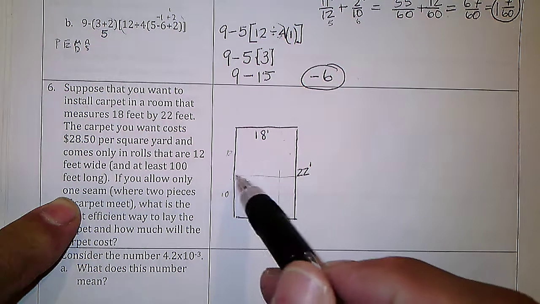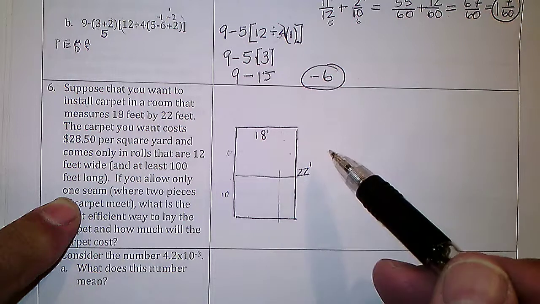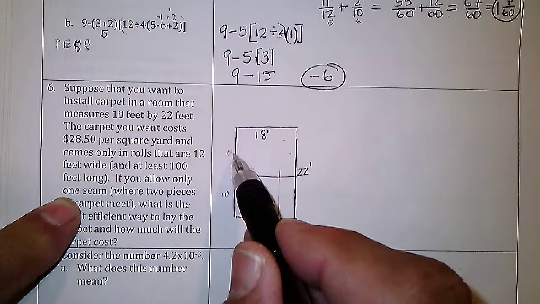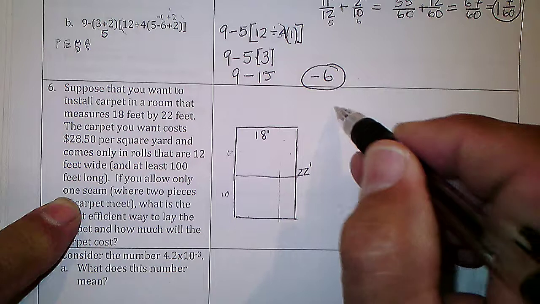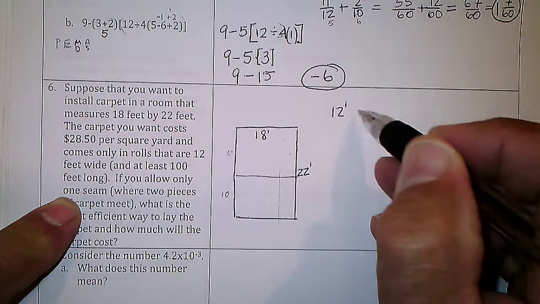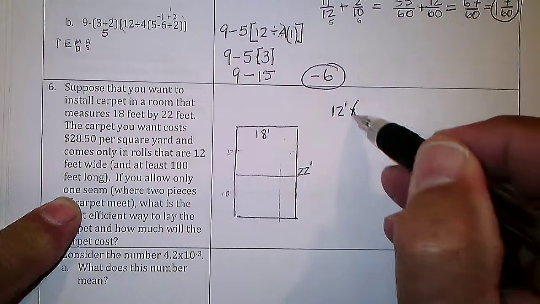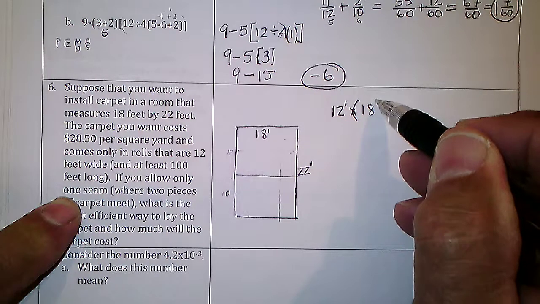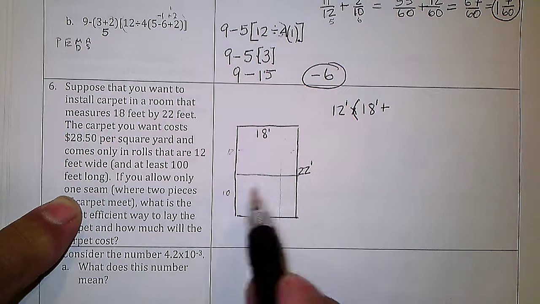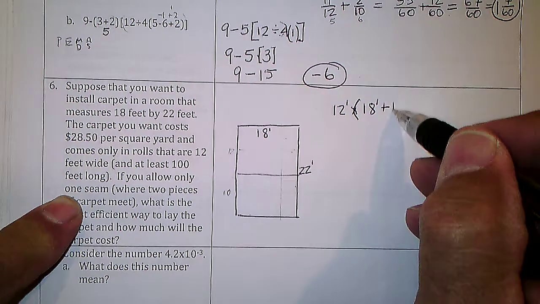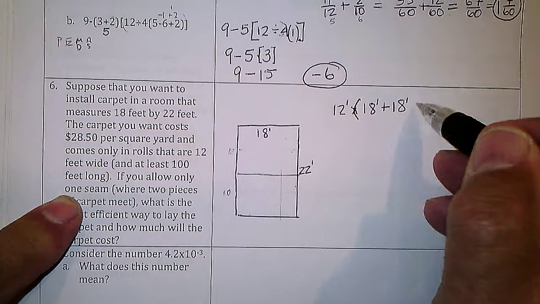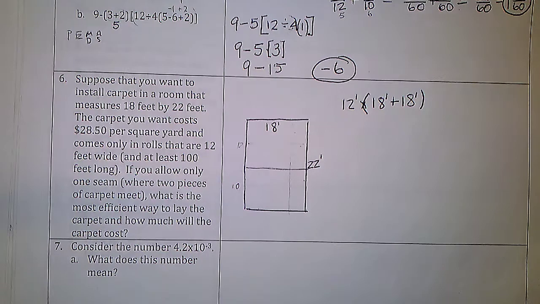So I think I want to go this way. So the amount of carpet I'm going to need is 12 feet wide by 18 feet plus another 18 feet. And I'm going to have leftover, but that's kind of what happens when you buy carpet.